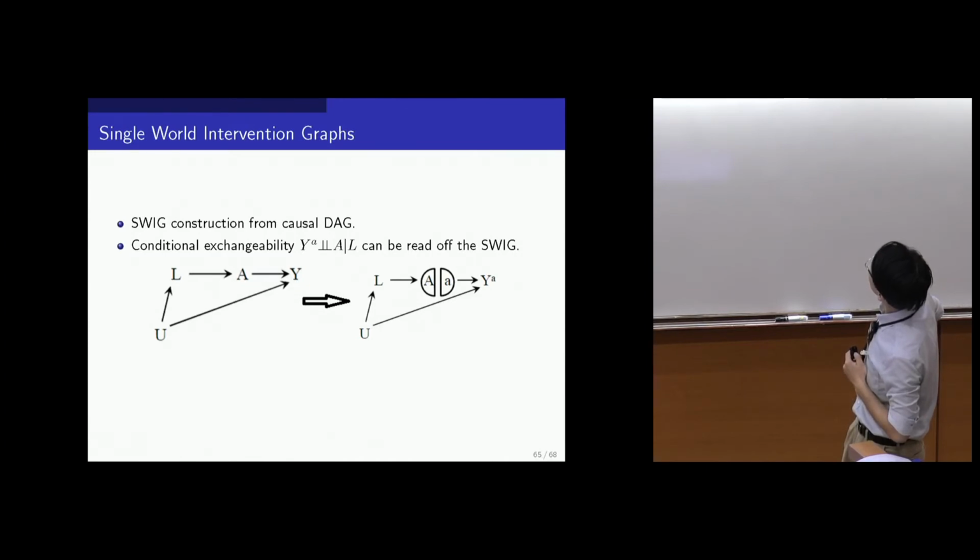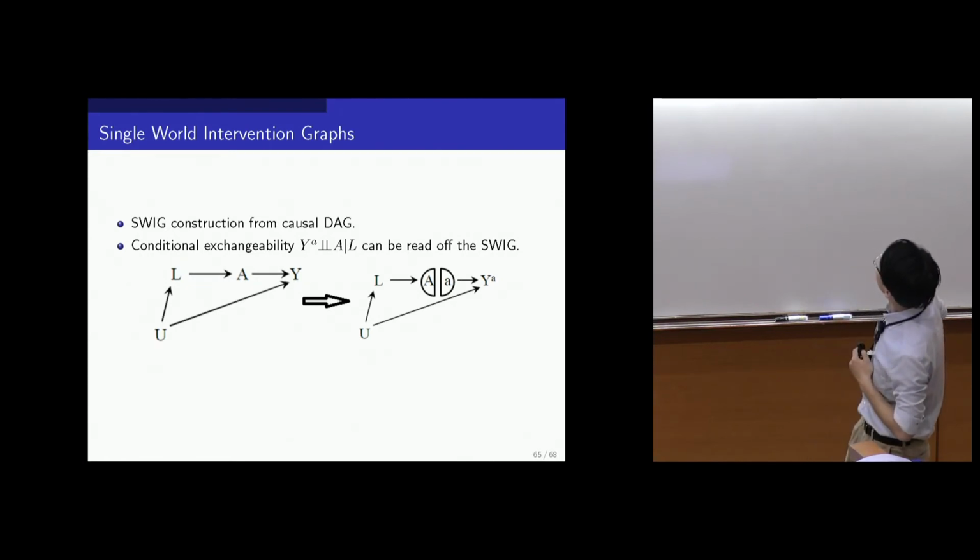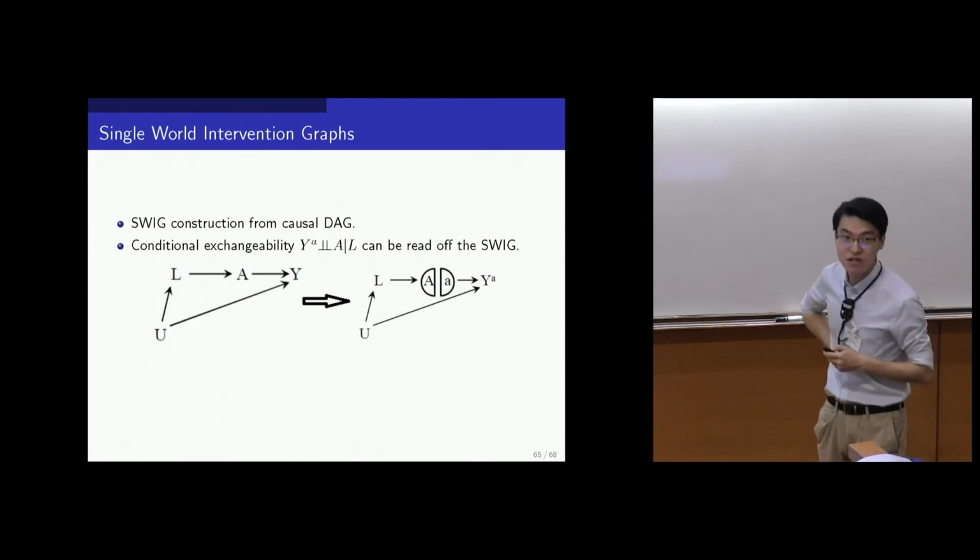And because this arrow points to Y, and now we are setting A to be equal for everyone in this world, then this will actually be the potential outcome for treatment set to a.